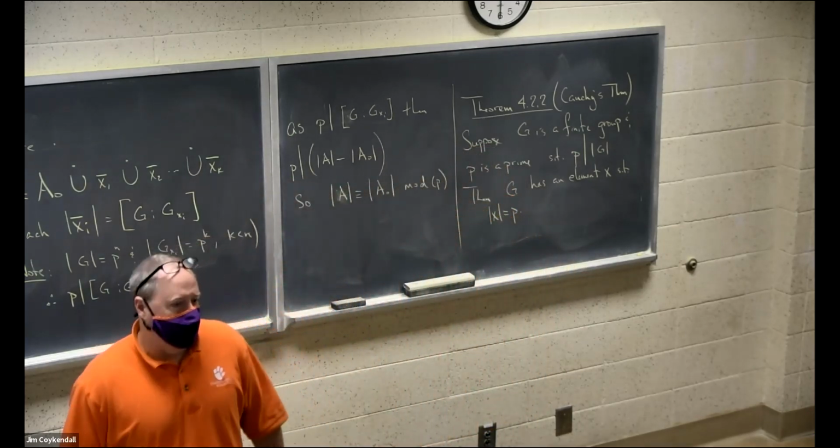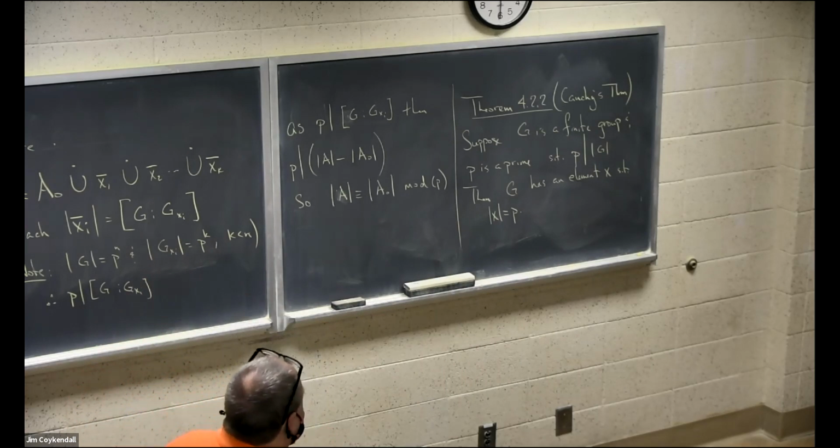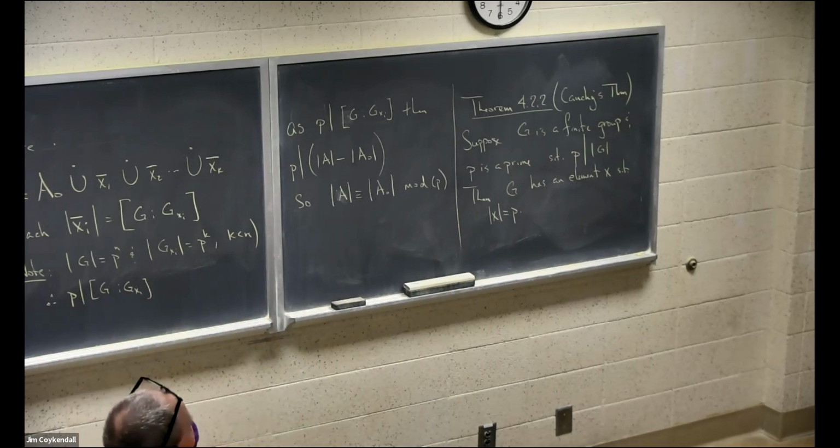This is really cool because what it says is if you have a group G and its order is divisible by the prime p, you must have an element of that order. You must have an element of order p.